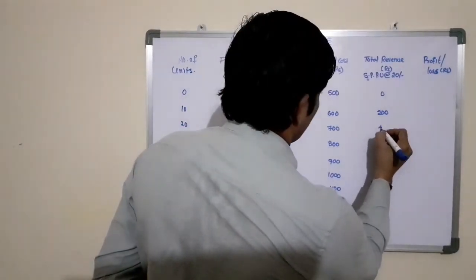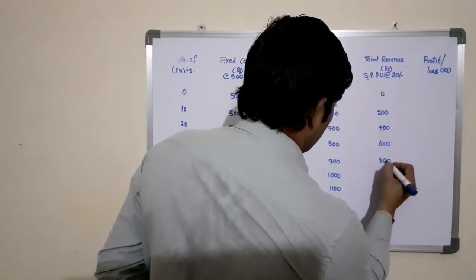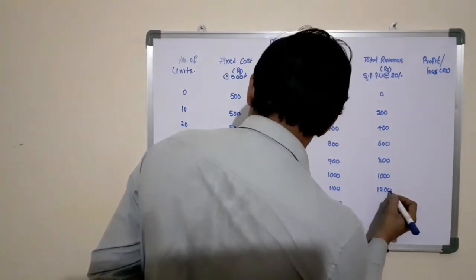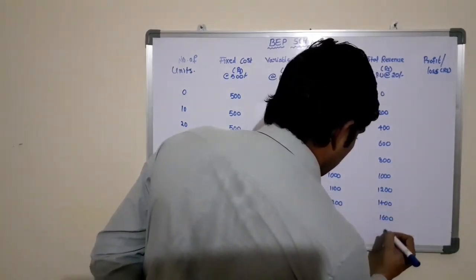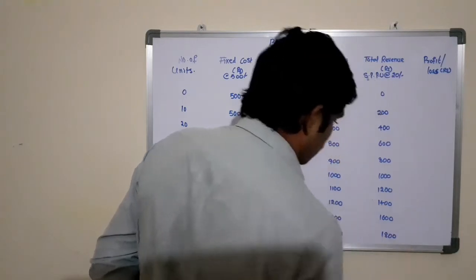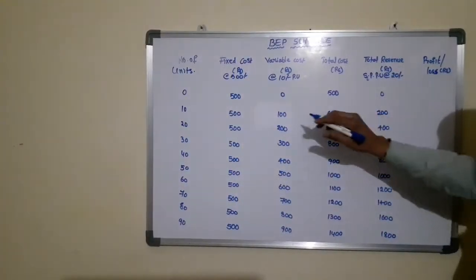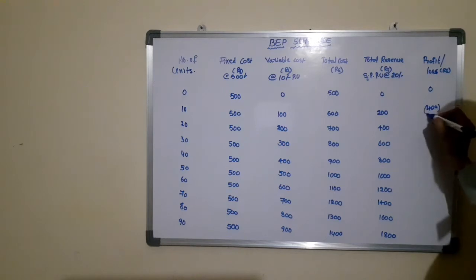At 200, 400, 600, 800, 1000, 1200, 1400, 1600 and 1800. Now the profit or loss, 0. Here the loss is 400.